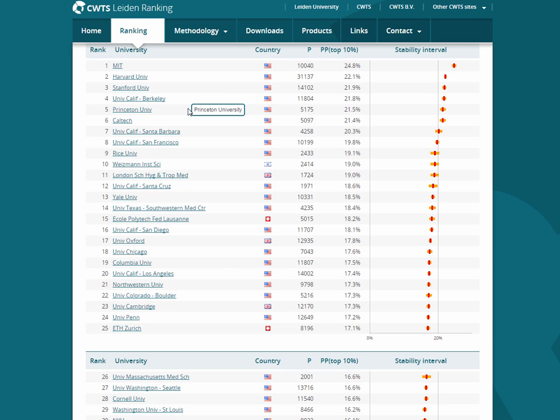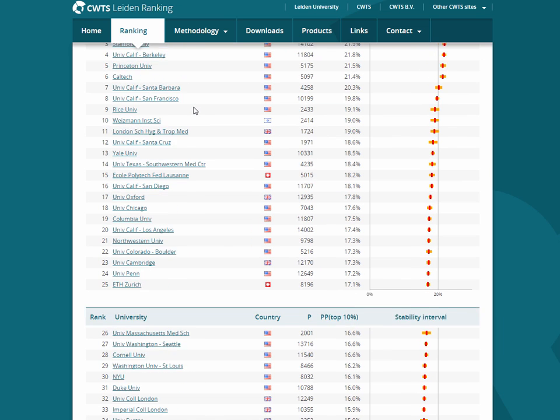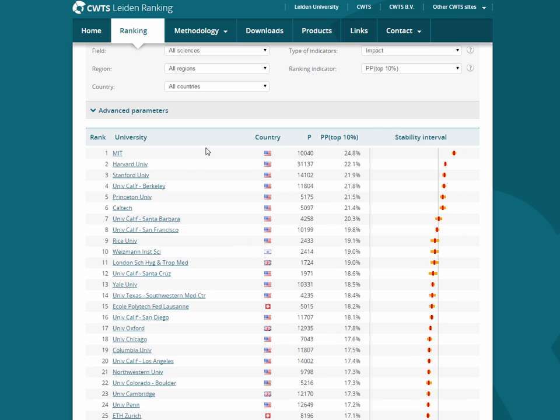Like in earlier editions, the top 50 universities with the highest percentage of frequently cited publications is strongly dominated by US universities. There are just a few non-US universities. These non-US universities are from Israel, the UK, and Switzerland.